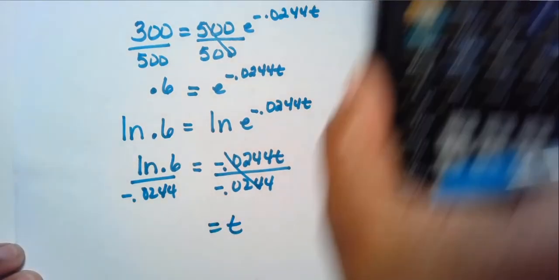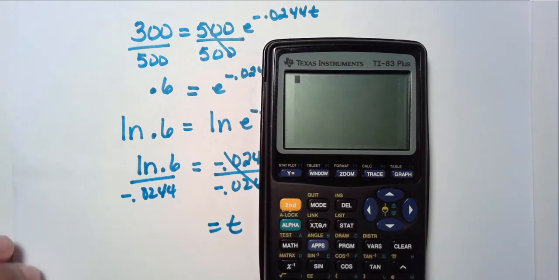And let's see what we get here. So ln of 0.6 divided by negative 0.0244, enter. And we're going to round to the nearest tenth here. So you see we have 20.93547638.